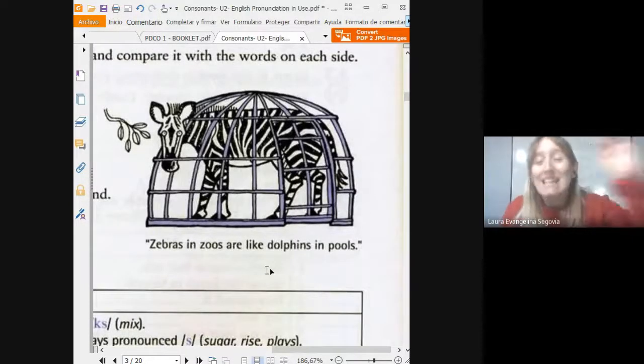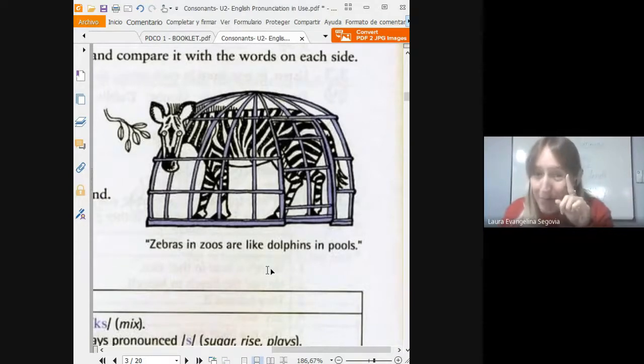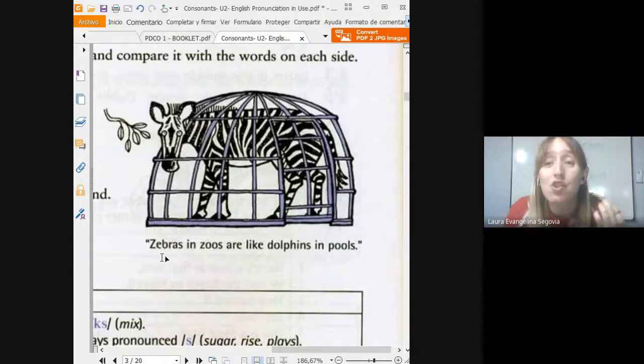So it's: zebras in zoos are like dolphins in pools. Remember, P here in pools. Dolphins, zoos, zebras. Zebras in zoos are like dolphins in pools. Like that. Okay?